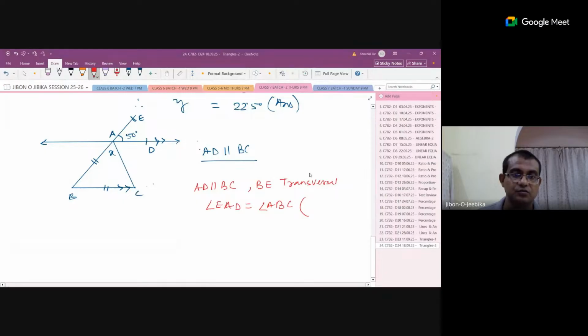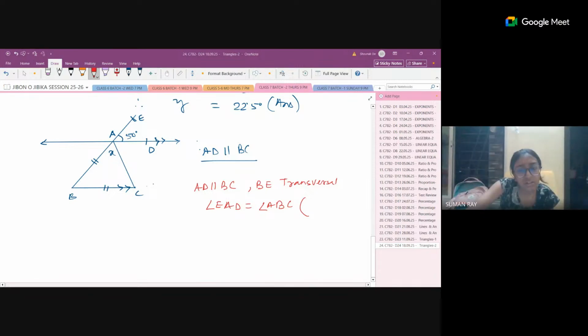Rupam, can you tell why angle EAD will be equal to ABC? Tanishi? Corresponding angles. Yes.